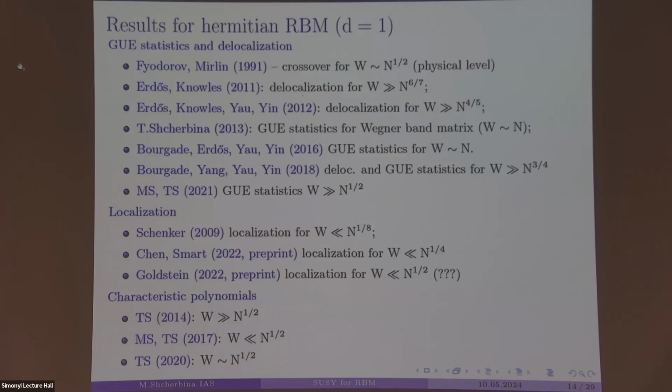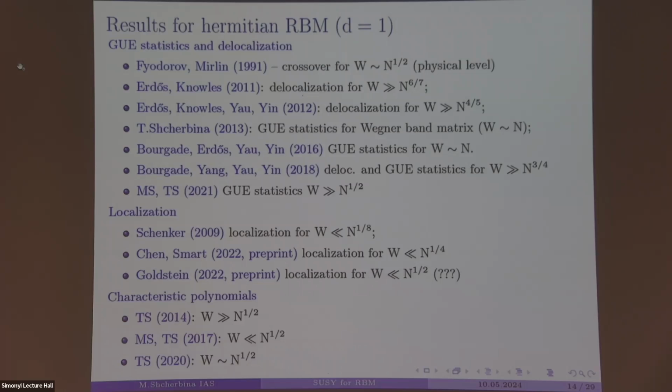It is stated there that he proved localization for W less than the square root of n, but unfortunately he died and nobody could ask him, and people do not in fact believe this result. But I think it's now a problem for Chen and Smart to show that the result of Goldstein is not true, because if it is true, then the result obtained at the same time is not so interesting.